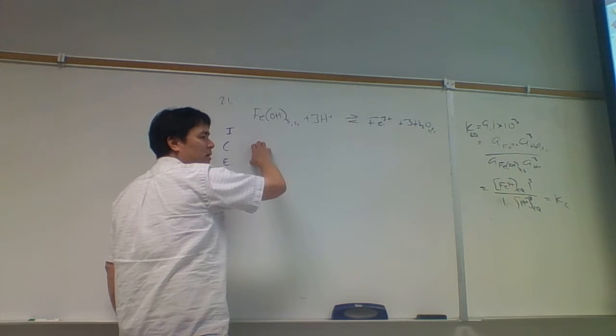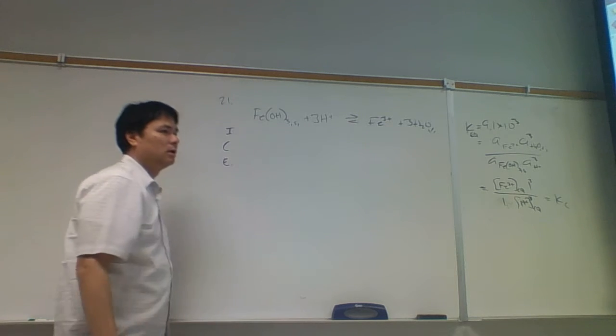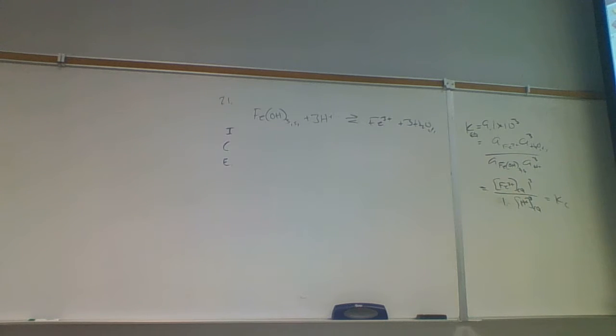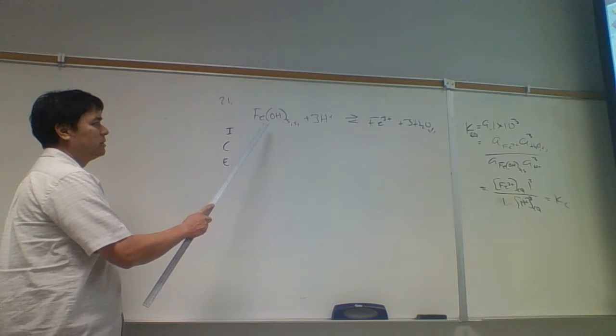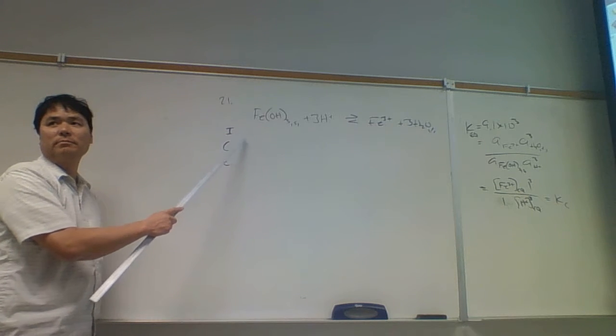In all our problems in which we have a pure solid or pure liquid, or both, we assume there's plenty available and we aren't going to run out. In other words, the solid iron 3 hydroxide will not be a limiting reagent. We just need a little bit or a lot in there to maintain this equilibrium.